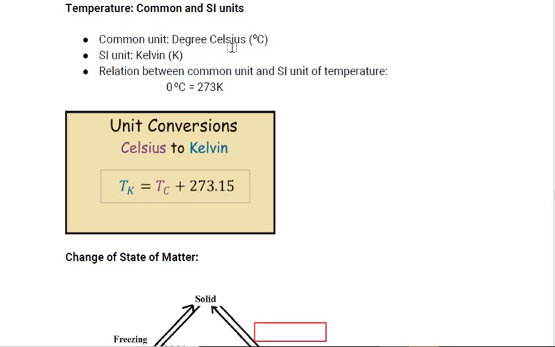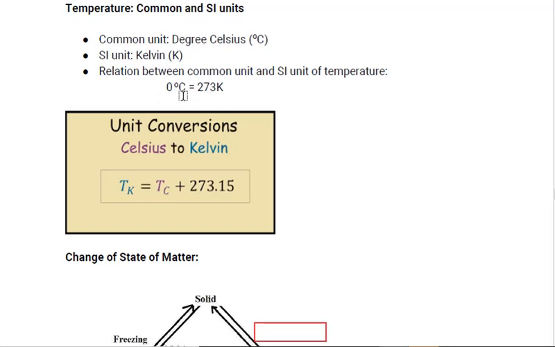In common we talk about temperature in degree Celsius, but the SI unit is Kelvin. We denote it by capital K, and 0 degree Celsius is equal to 273 Kelvin. 0 degree centigrade is equal to 273 Kelvin. Understood? We have to memorize this one.